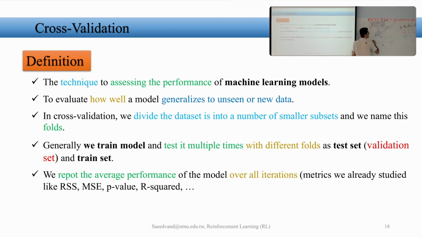Then you report the result. So we report the average performance of the model over the iterations that I showed you. The metrics are the same, p-value, MSE, t-statistic, all the metrics that we discussed, but they are reported as the average over iterations on your data set, while switching the folds.